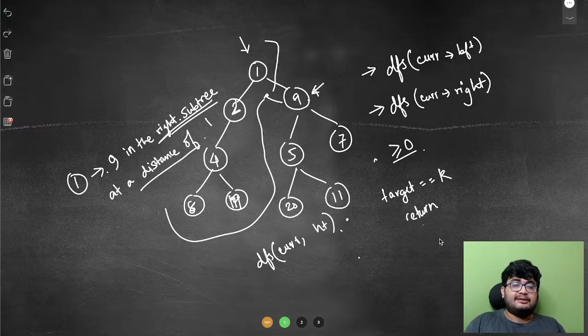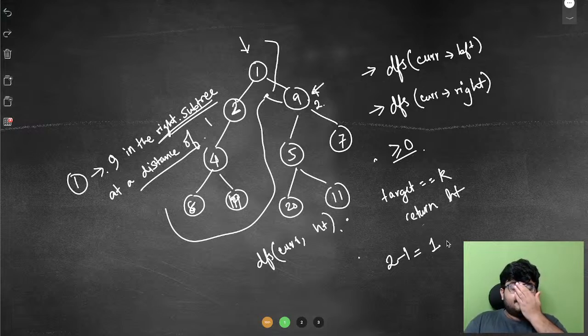So we return the height of the node, and at the given node, when we call DFS left or DFS right, like for 1, when we call DFS right, we get the height to be 2. The height of this node is 2. We can subtract it from the height of 1, that is 1. So we know that this node is at a distance of 1 from 9.